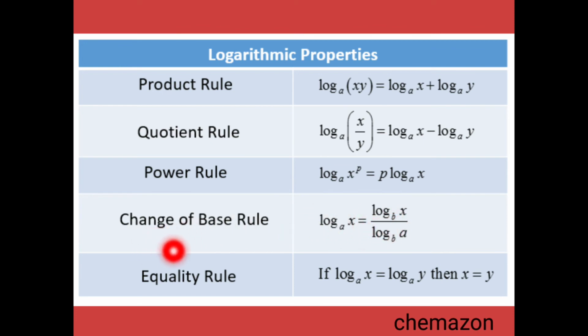And another rule is the equality rule. If x and y, that is the two arguments, have the same value, then their log values will also be the same if they have the same base value. If the base value is the same and the argument is also the same, then the logarithmic value will also be the same.